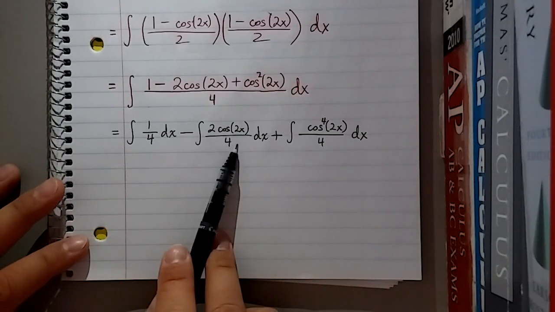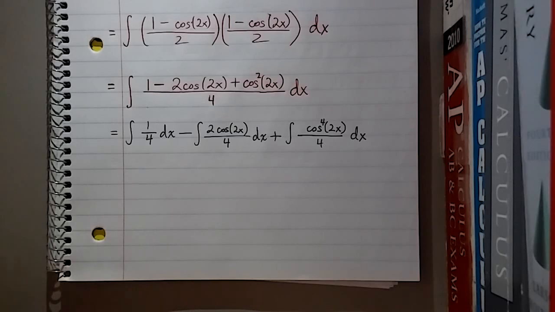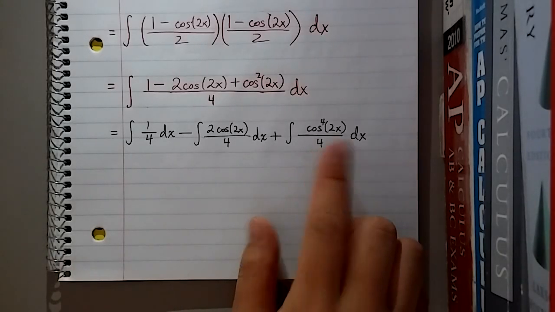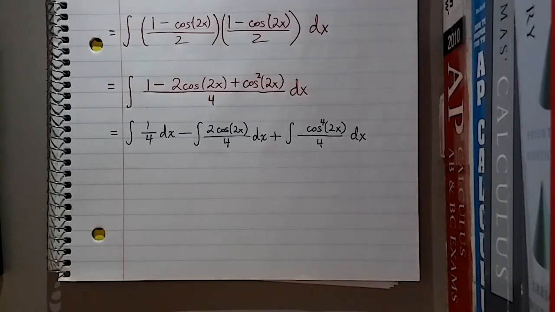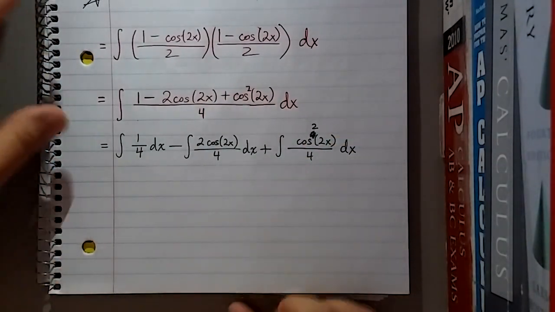The middle one is easy: integrate cosine 2x using u sub, where u is 2x. The hard part is this last one. Why did I write to the 4th? That's not 4th, it's squared. Okay.